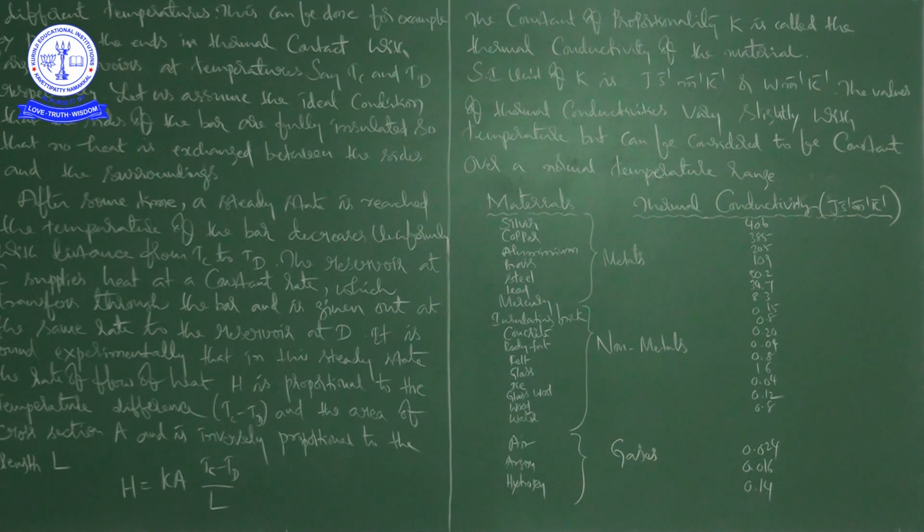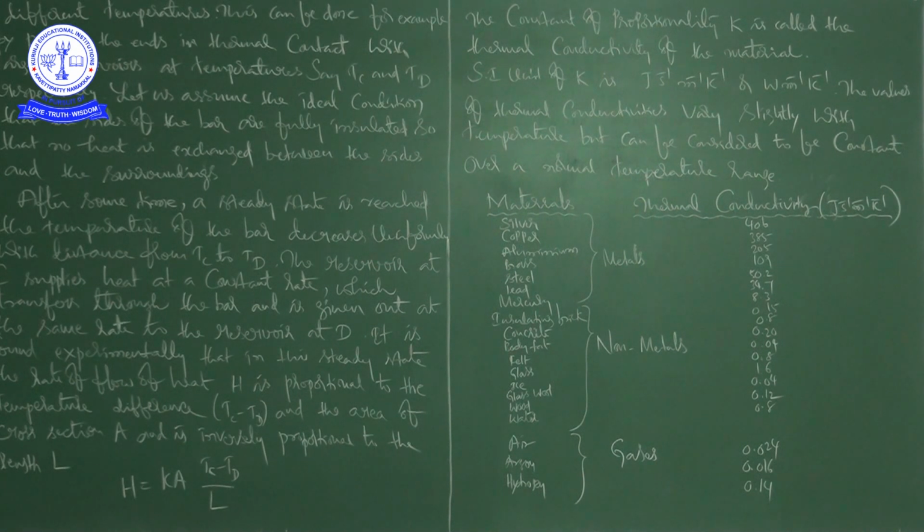In this class we discussed heat transfer. The name itself indicates that heat energy moves from one point to another, either from one system to another system, or within a system from one part to another part, due to temperature difference.